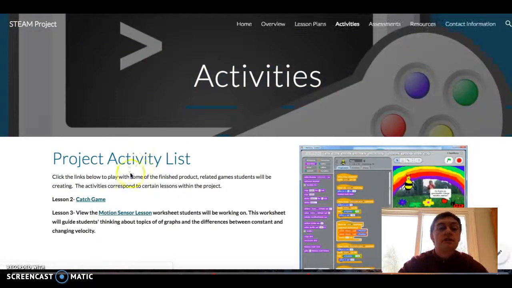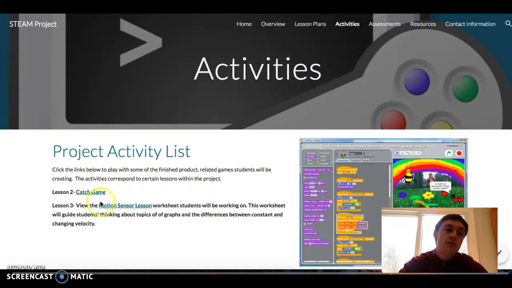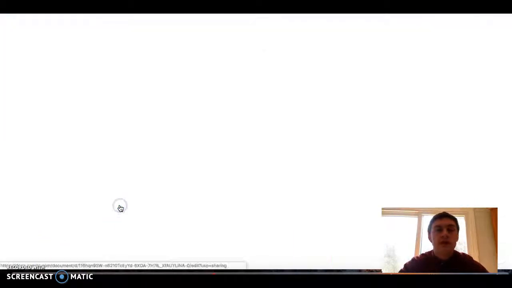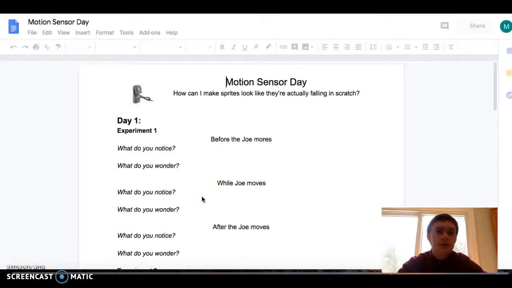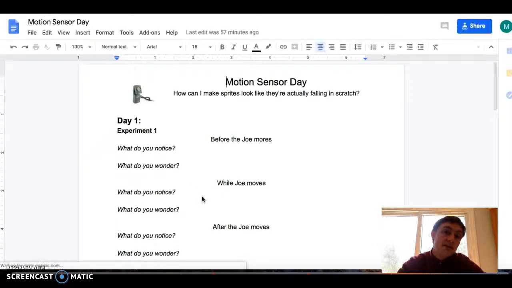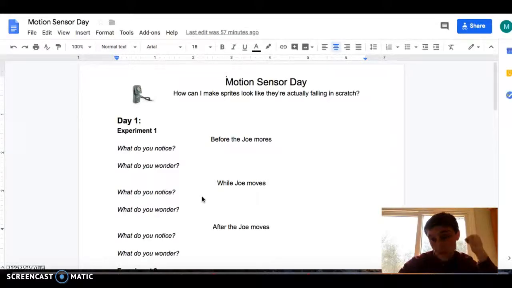So in the activity section of this website where I showcase all my stuff, you can click right here, the motion sensor lesson, and this is what students will be working on in order to, my hope is that they gain deeper mathematical understanding in terms of graphical concepts, and I also want students to have a clear understanding of the distinction between constant velocity and acceleration.